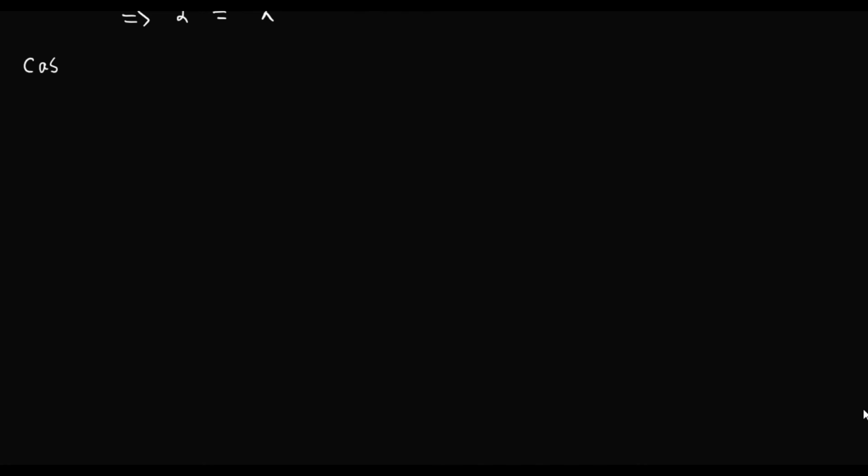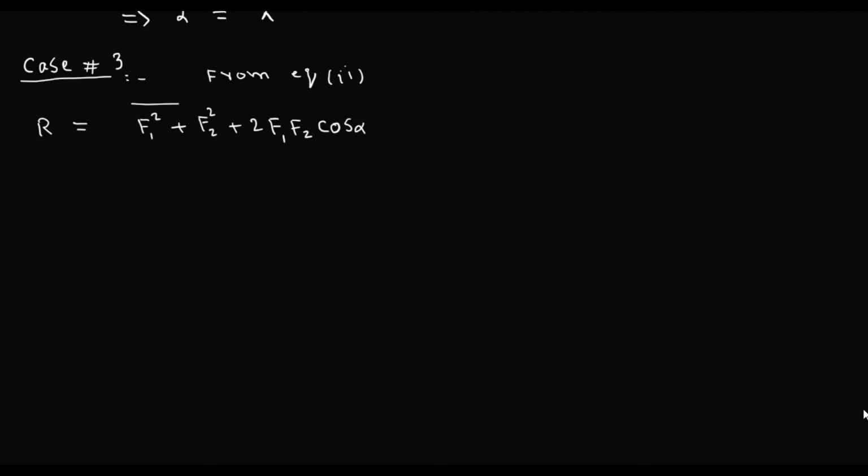Now we take the next case, case number 3. In this case we again take the same equation, equation number 2, which is R equal to the square root of F1 square plus F2 square plus 2 F1 F2 cos alpha.